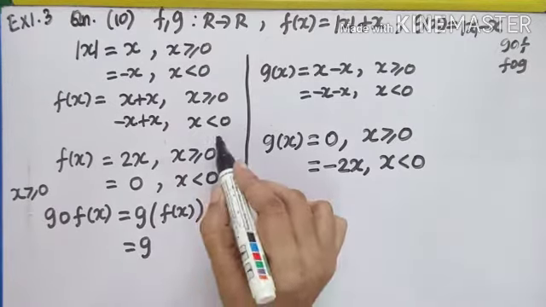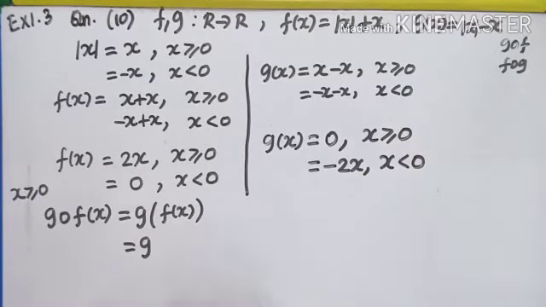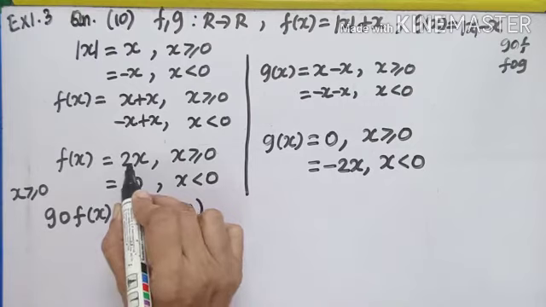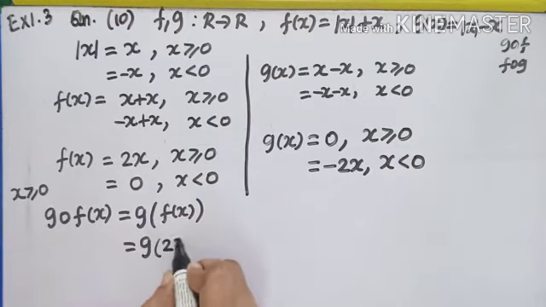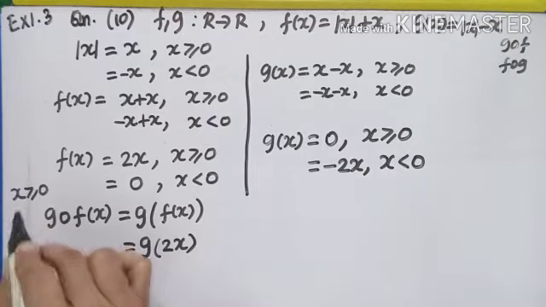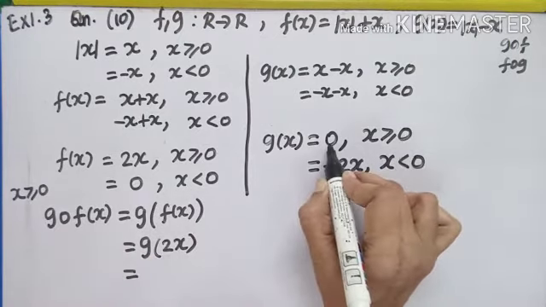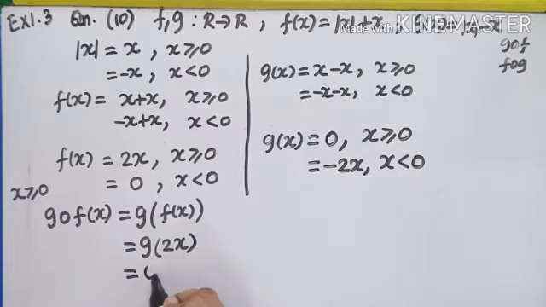For positive we'll do separately, for negative we'll do separately. f of x, when x is positive, is 2x. g of 2x I want. Now x is positive, so what is my answer? 0. So we get g of f of x is 0.